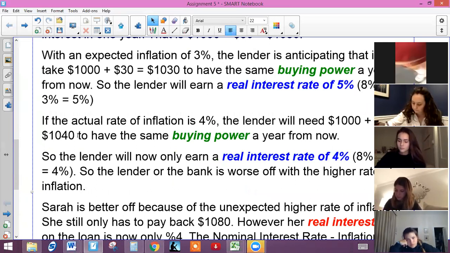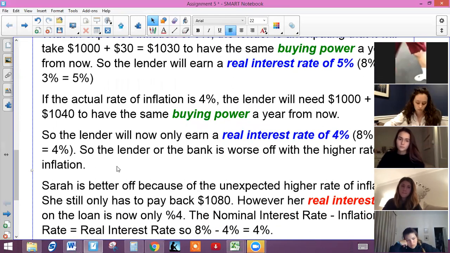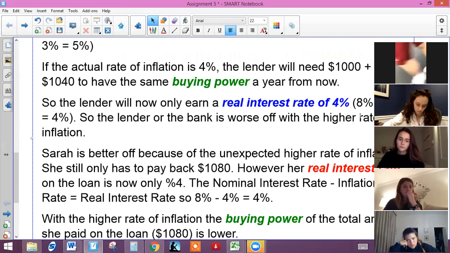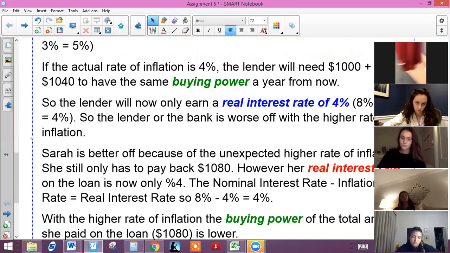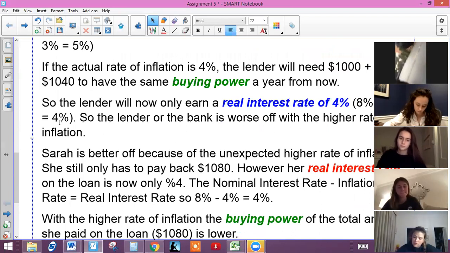1,030 does not have the same buying power as it would have had if inflation had only been 3%. With 4%, you have to have more money to have the same buying power. So now, if the bank still charges Sarah 8% interest with an inflation rate of 4%, they're only going to benefit 4% real interest because of the higher inflation.